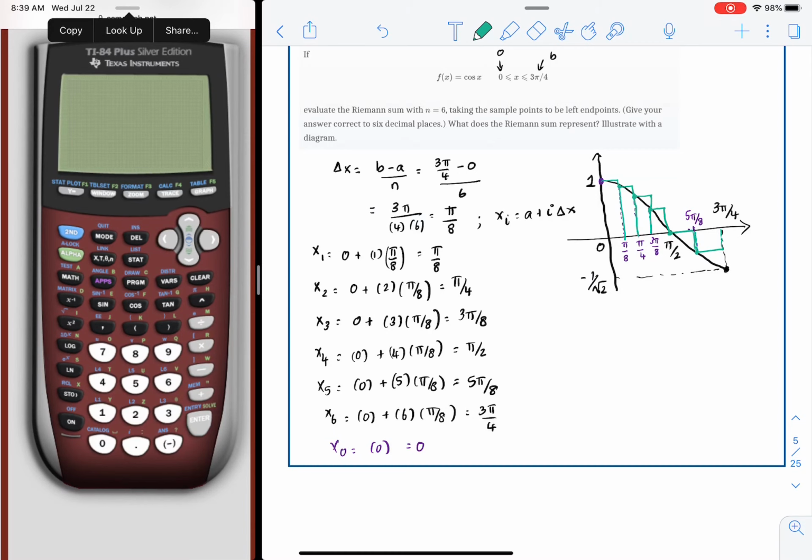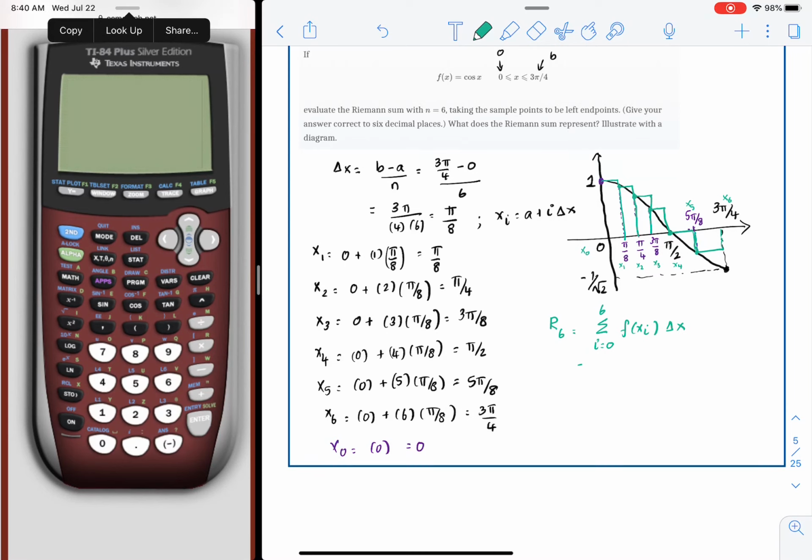Now I know the x1 values, I know the x0 values. So x0 is right here, x1, x2, x3, x4, x5, x6, and I can't go past 3 pi over 4, so that's all I would have. The Riemann sum definition, R6, is the sum, I'm going to start at 0 to 6. I have 6 endpoints, f of xi multiplied by delta x.